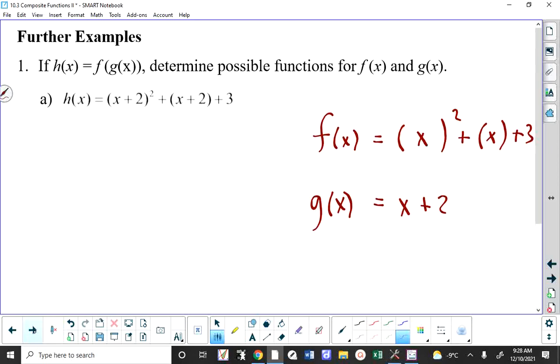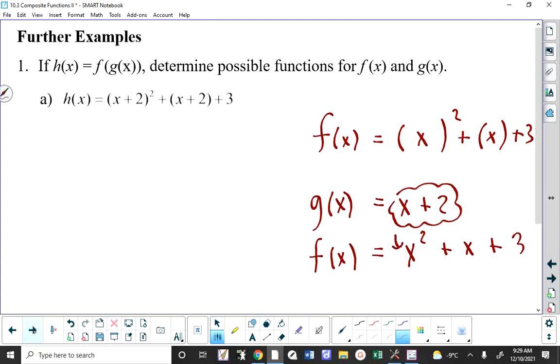I don't believe you can just set out doing algebra and get the answers. You have to be able to see it visually. So just to rewrite this, f of x, I don't like those brackets. I just did that for explanatory purposes. x squared plus x plus 3 is f of x. And I hope you see that if you were to put this in for x, you would get the function given. Make sense?